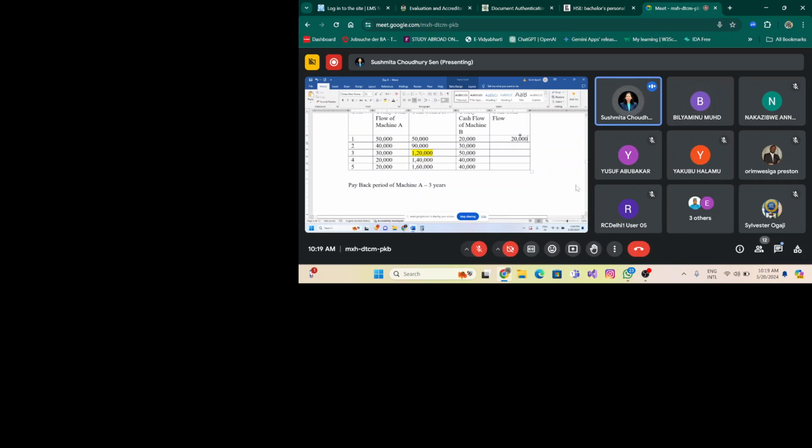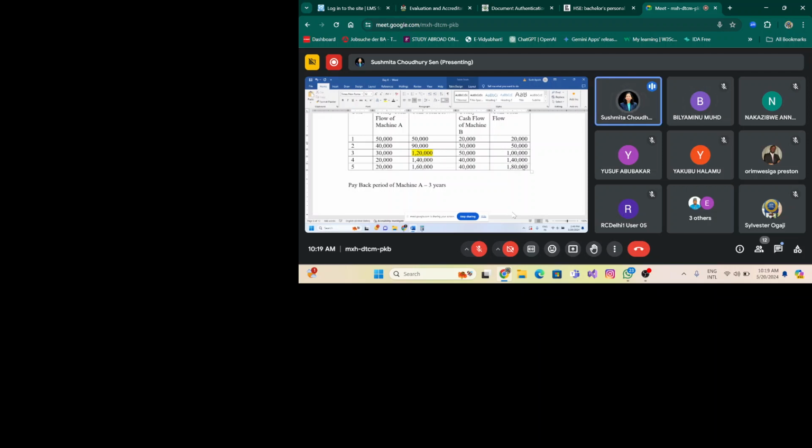In the next year 20 plus 30, therefore 50,000. Third year, 50,000 plus 50,000 is 1 lakh. In the next year 1,40,000, and in the last year 1,80,000.